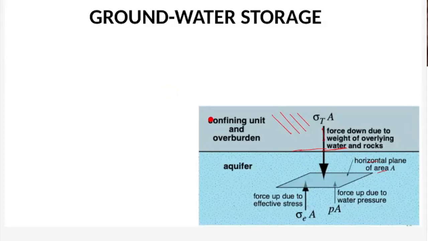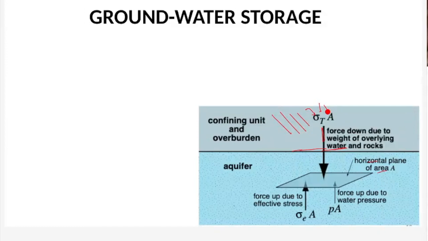So stress हमें पता है, right? Stress is sigma t. If I want to calculate the force that is acting, I'll multiply with this area. If I'm talking about this area, then force will be pressure into area, right? This will be the downward force. Everybody, ये चीज समझ के चलना because this is important.